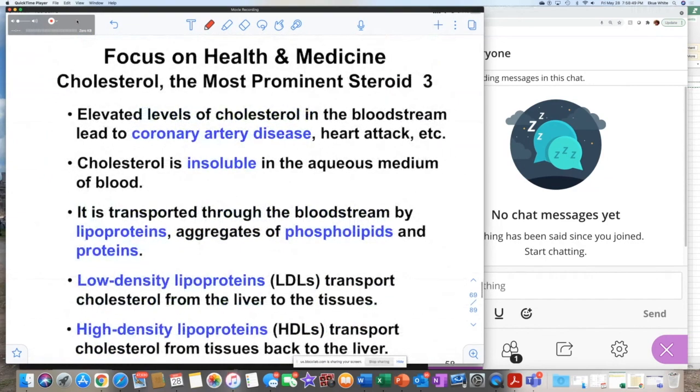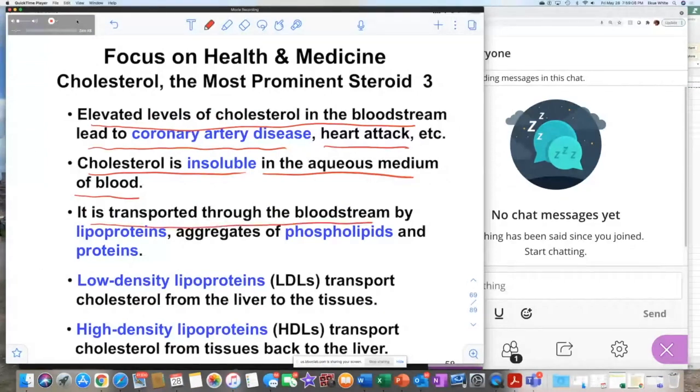Moving on. We're talking about health right here. So cholesterol, the most prominent steroid. Elevated levels of cholesterol in the bloodstream leads to coronary artery disease, heart attacks, things like that. It is transported through the bloodstream by lipoproteins. Remember how we mentioned lipoproteins? Now we're seeing lipoprotein. Lipoprotein is like a purse, but it's not really a purse.